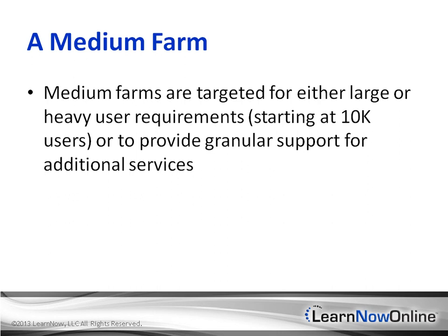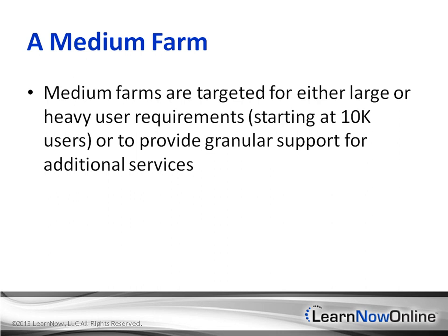When we looked at some of the worksheets, you saw that one of the common things for a medium farm is to break off the search services off into not just its own server, but its own group of servers. So you have failover, but you also have dedicated servers doing all your indexing, doing all your crawling, maintaining that search database that's going to be used in the rest of the farm. So you can actually have that taken into place.